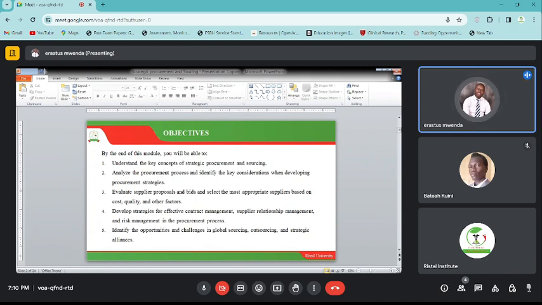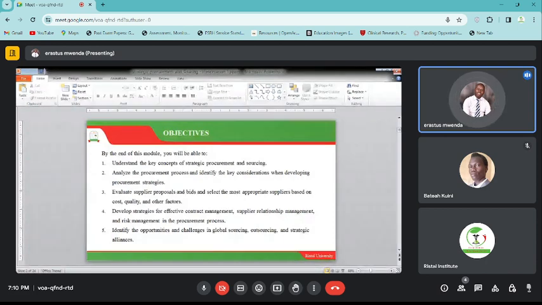And therefore, strategic procurement and sourcing is going to help us plan ahead in terms of our procurement activities. We also have risks in terms of market fluctuations. Nowadays, we are seeing what is happening to the dollar against various currencies of different countries. If you have not planned yourself, then you are going to find yourself in a lot of trouble when you are doing procurement and sourcing.